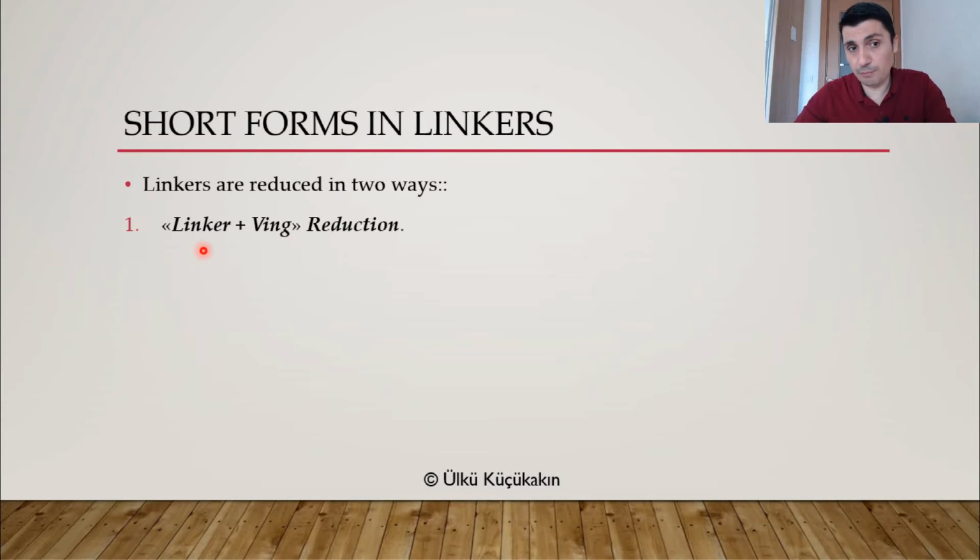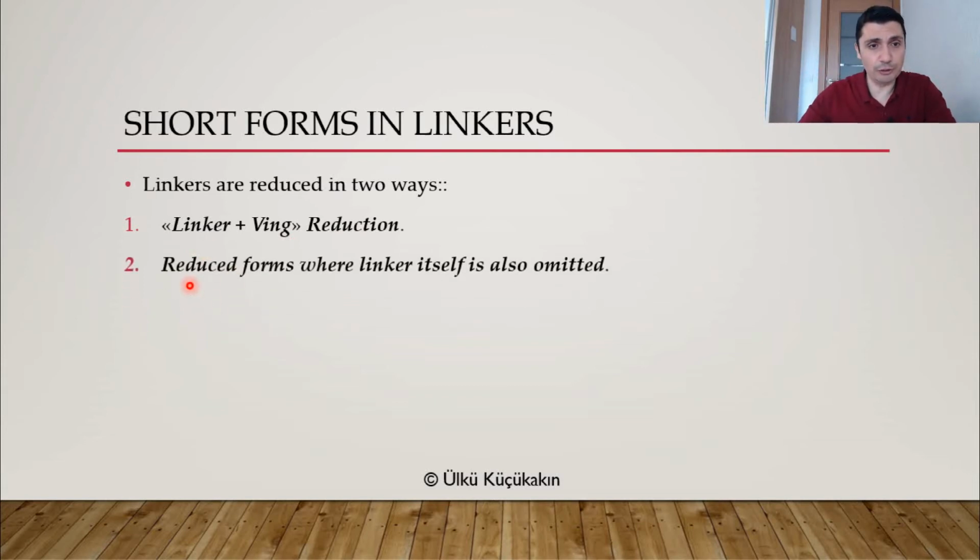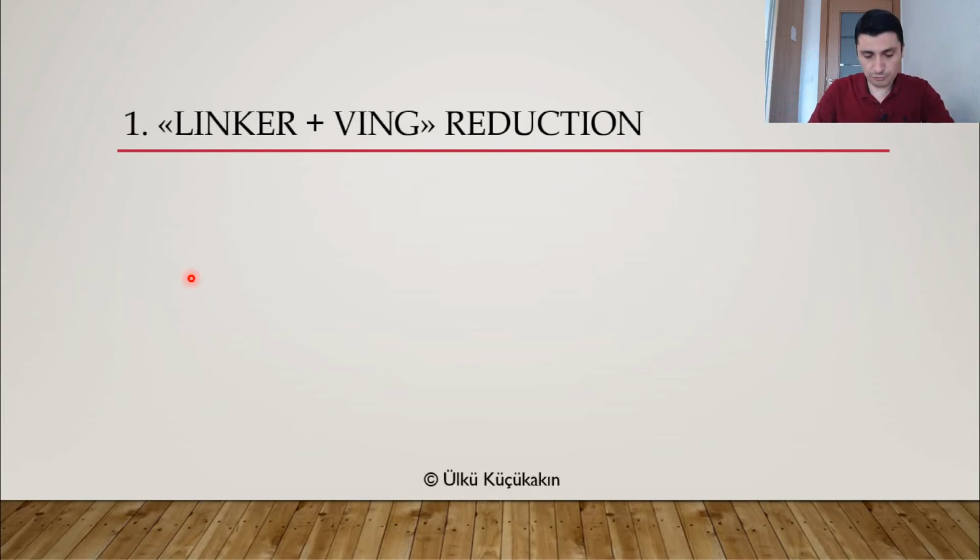Okay, so this is simple. You have a linker and a verb ing added to it. Okay, and second form of reduction is reduced forms or shorter forms where linker itself is also omitted. There is no linker in the sentence. You do not see a linker, but it's actually there. It's hidden.